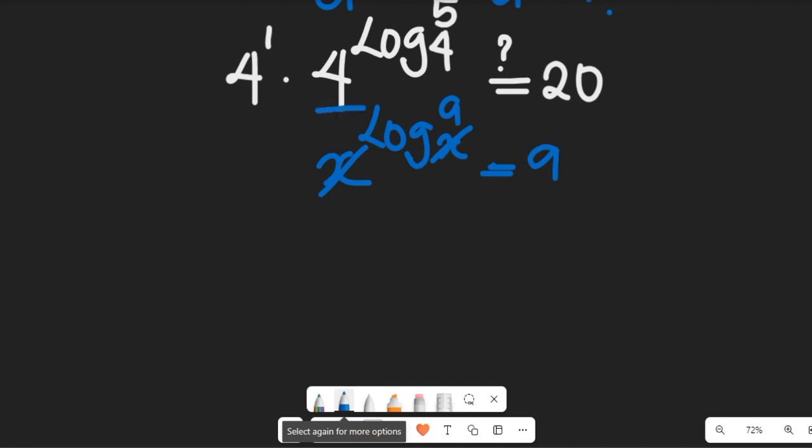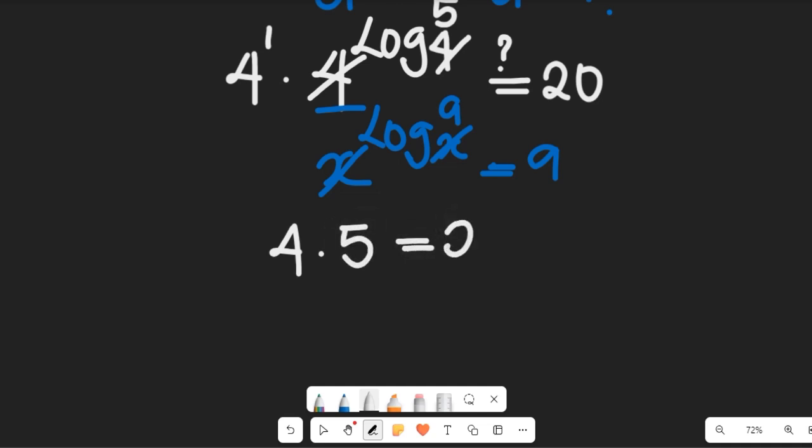If 4 cancels out 4, we will be left with 5. So the value of 4 to the power of log of 5 base 4 is equal to 5. So we'll have 4 multiplied by 5, will it equal 20? Of course, 4 times 5 is 20. So 20 is equal to 20.